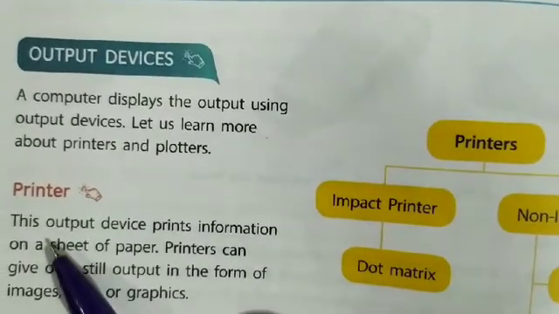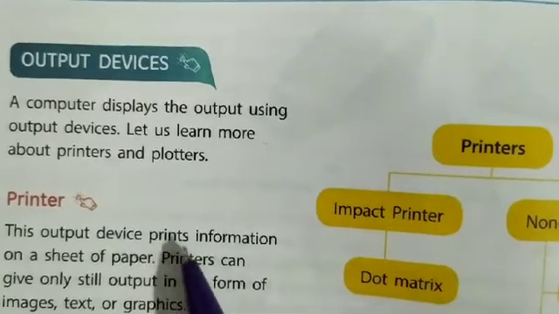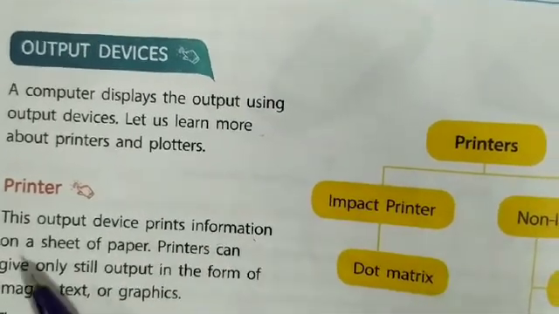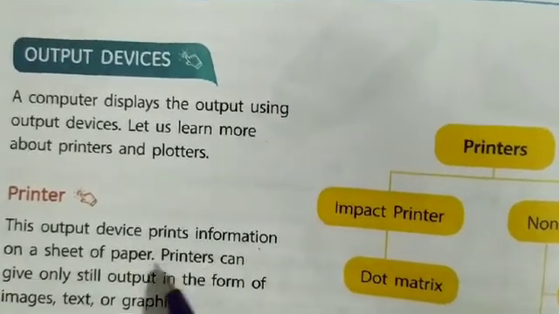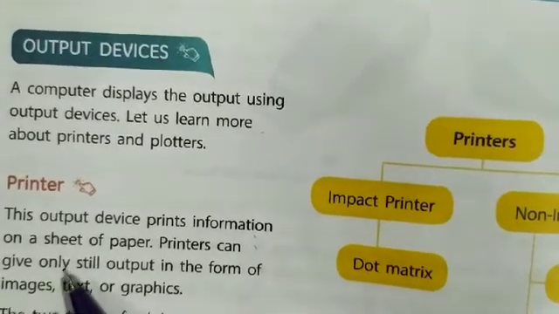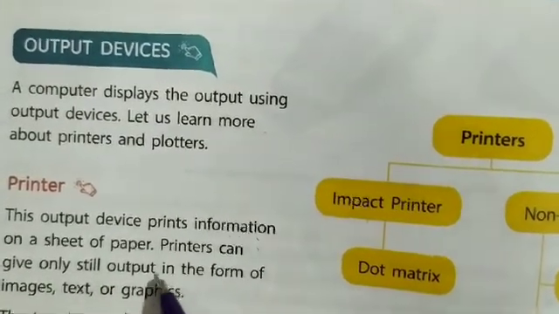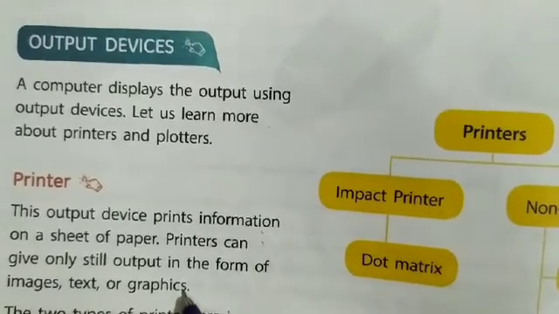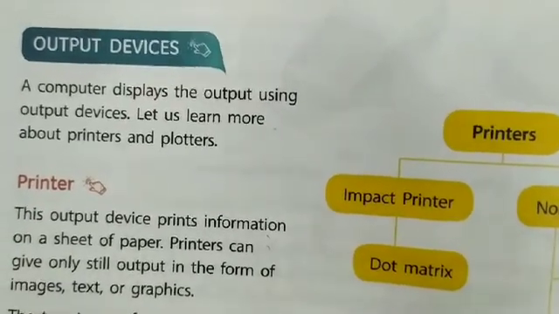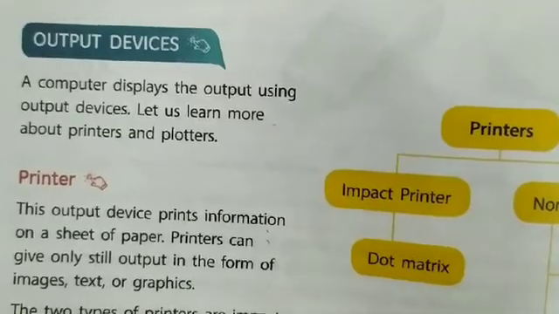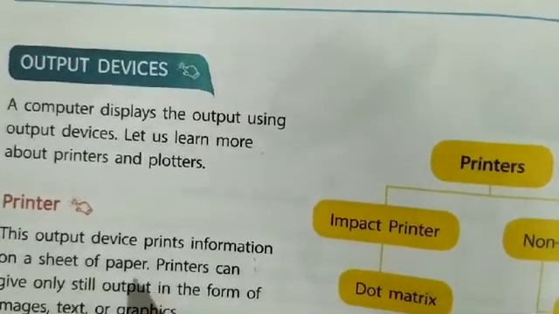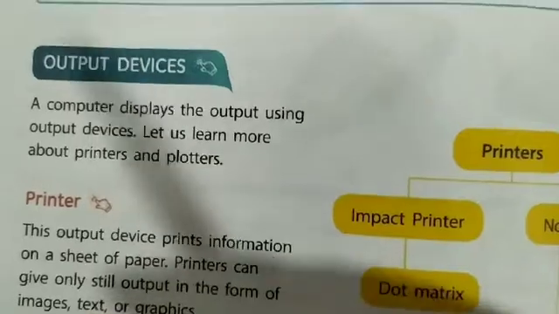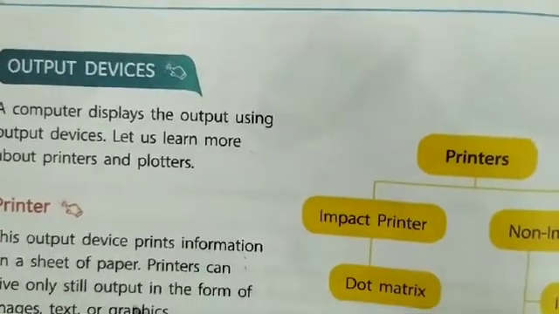Now printer. This output device prints information on a sheet of paper. Printers can give only still output in the form of images, text or graphics. The two types of printers are impact printer and non-impact printer. A printer is an external hardware device.